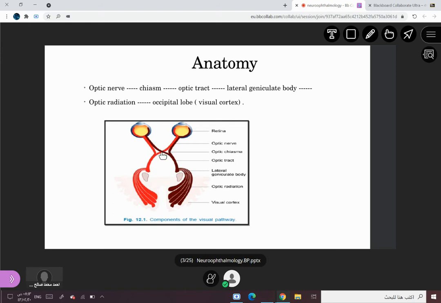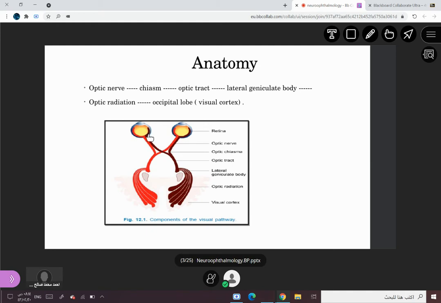Let's say, figuratively, all nasal retinal fiber will decussate to the opposite hemisphere, or opposite optic tract, and the temporal retinal fiber from each side will go to the same side, ipsilateral optic tract. Okay, same in the left eye.